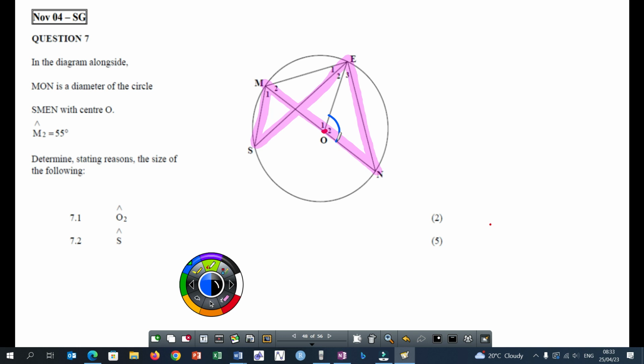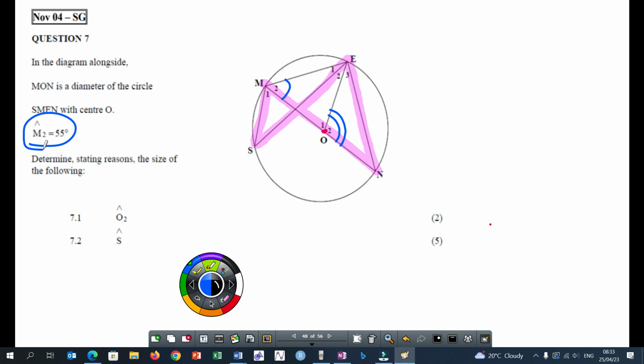Now, does EN subtend any other angle at the circumference? M2 subtends M2. Let me indicate that they are not the same. So chord EN subtends two angles, O2 at the center and M2 at the circumference. Now, based on the question, we are given the size of M2.